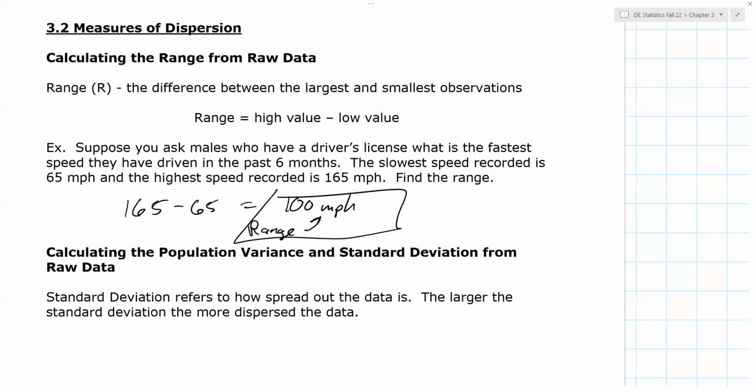It has nothing to do with our data points to begin with. So it doesn't matter, like if a spread of 100 could be a lot, it could be little. If we're dealing with, instead of speeds on a highway or how fast a car has been driven, say we're talking about the speed of particles in a particle accelerator.